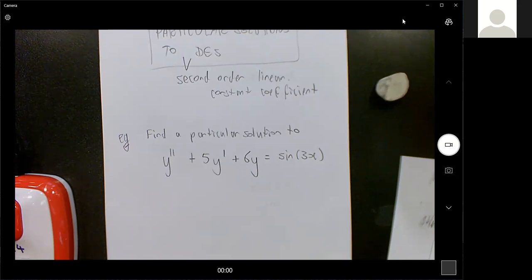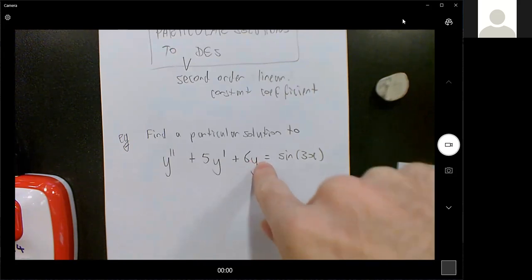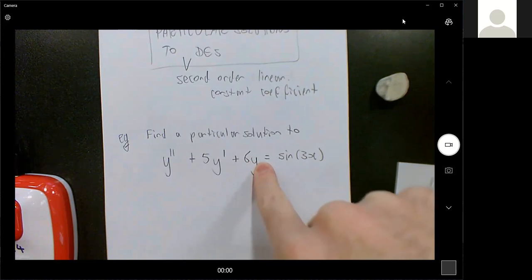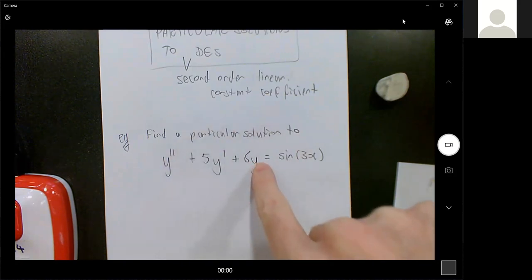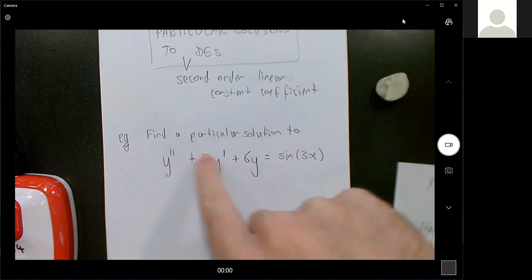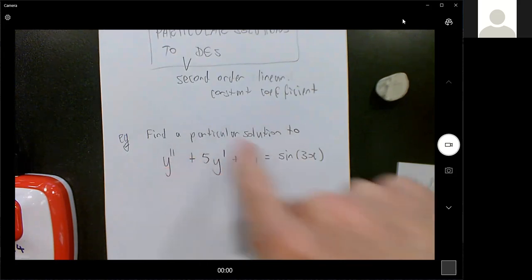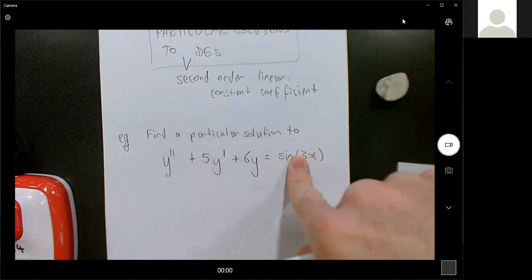Okay, so whatever the function y is, it's some function of x. I'm trying to guess a function y such that when I have y and its derivative and its second derivative, the thing that I get at the end has a sine of 3x.